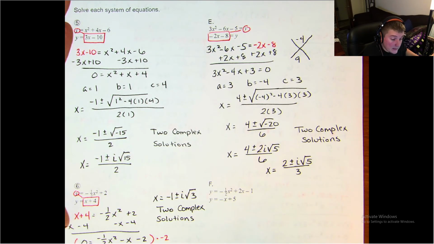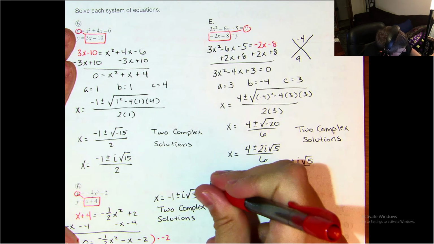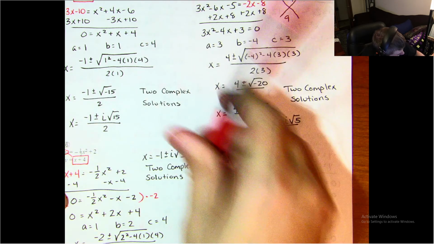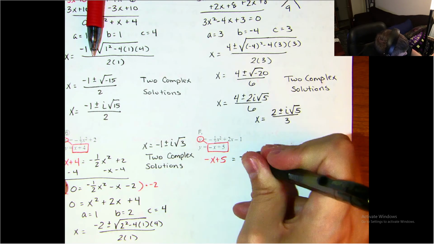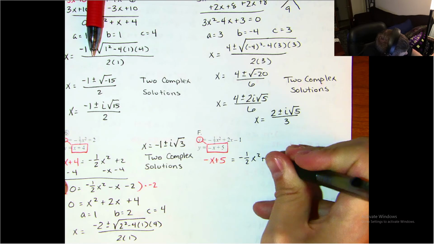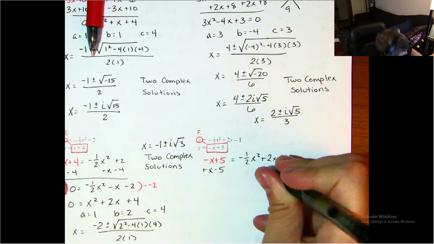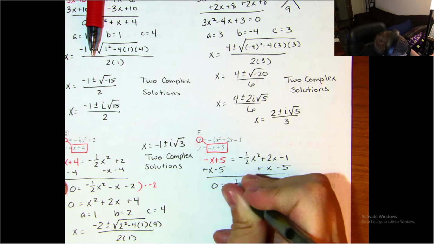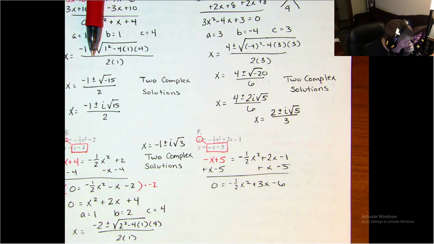Okay, last one. We know what y is equal to, so we're going to replace y. So here I get negative x plus 5 is equal to negative 1/2 x squared plus 2x minus 1. And I can add x and subtract 5 from each side to get 0 is equal to negative 1/2 x squared plus 3x minus 6.